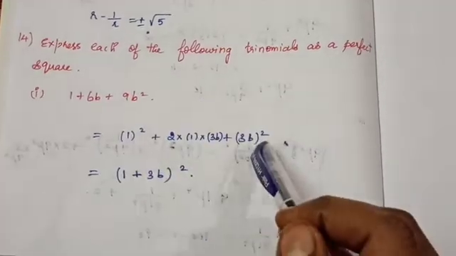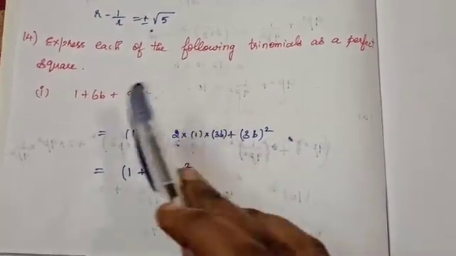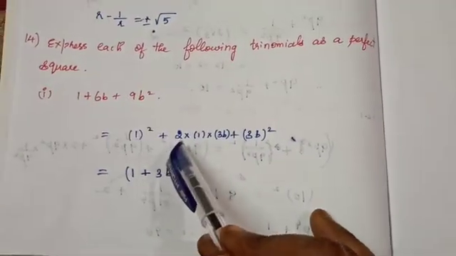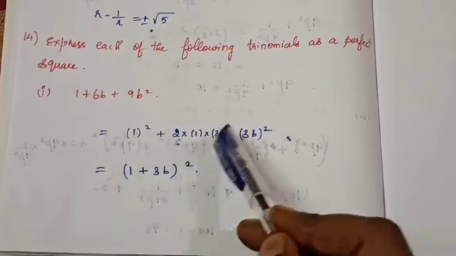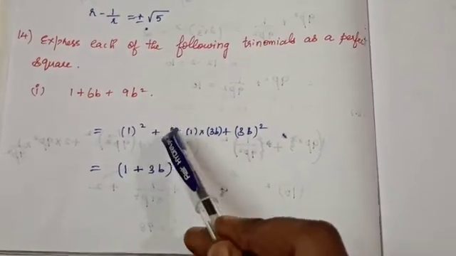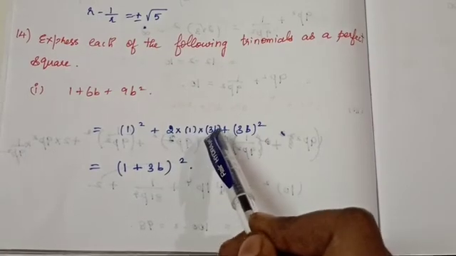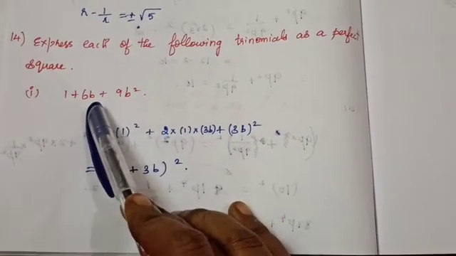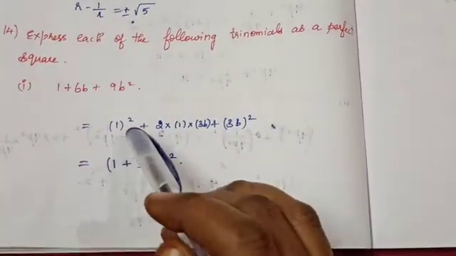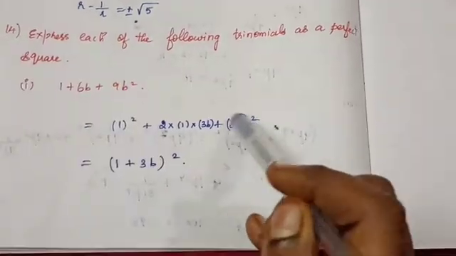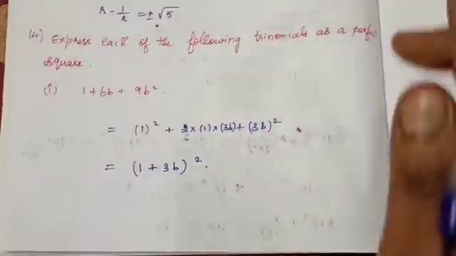Now a square and b square have come. In the center you have plus. So plus 2 into a having 1, b having 3b. You check: 2 1s are 2, 2 3s are 6, 6 into b is 6b. So it is correct. It is like a square plus 2ab plus b square. So the answer is a plus b the whole square.